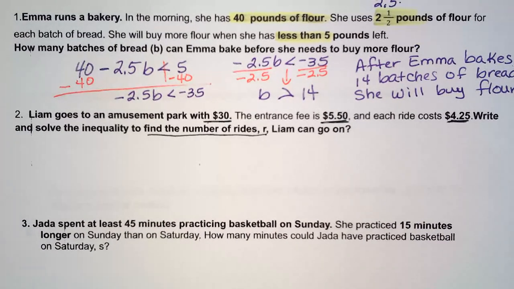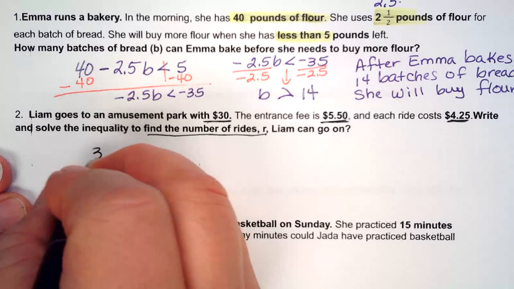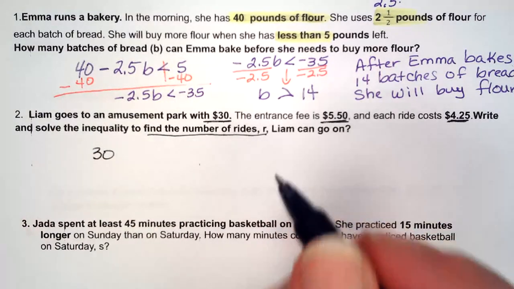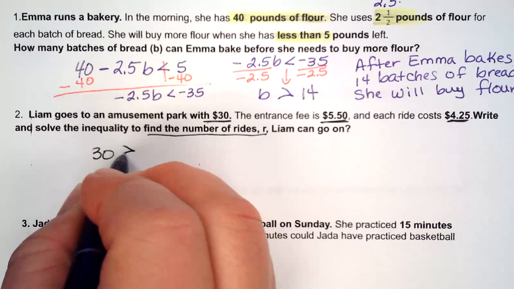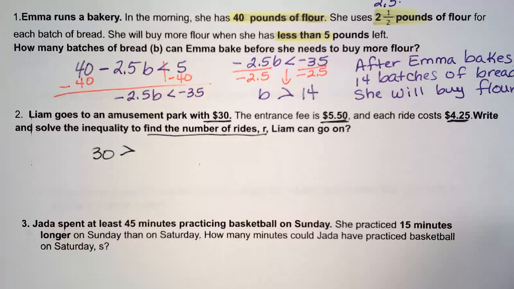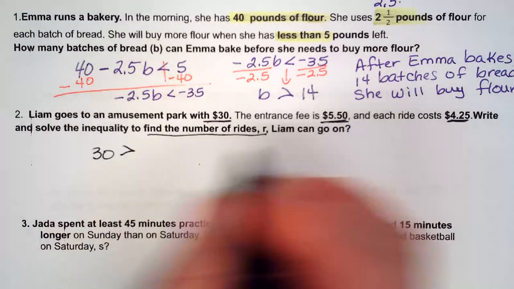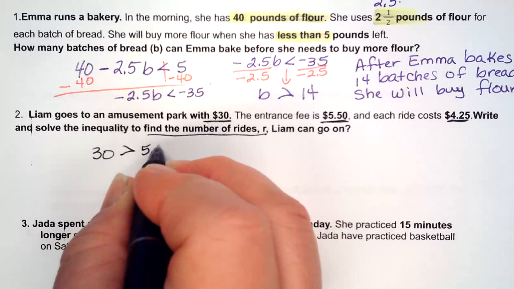Okay. How much does he start with? $30. Can he go over his $30? No. So 30 has got to be greater than the total cost he spends. What is the entrance fee? $5.50.